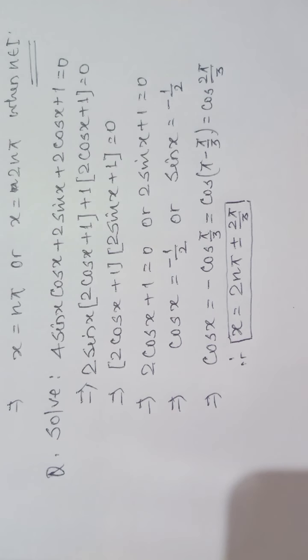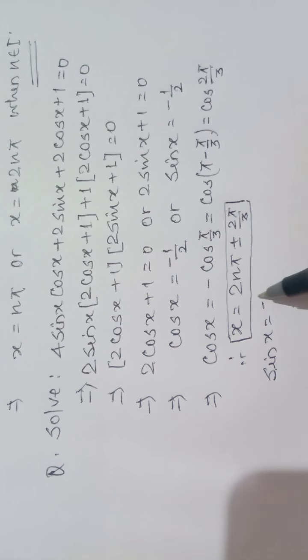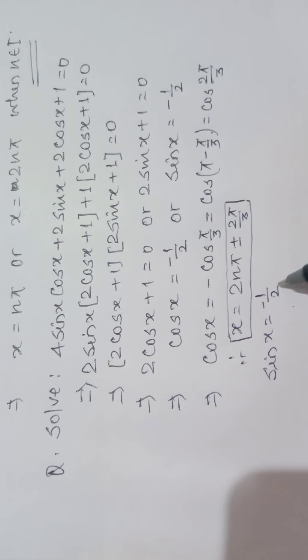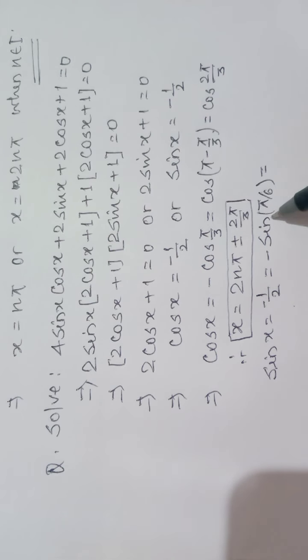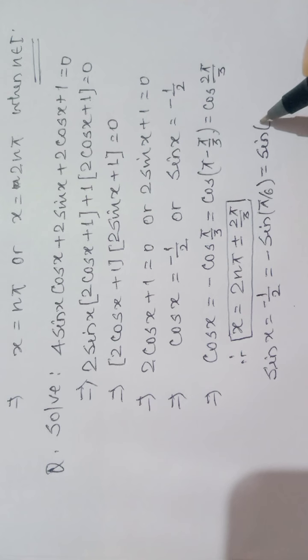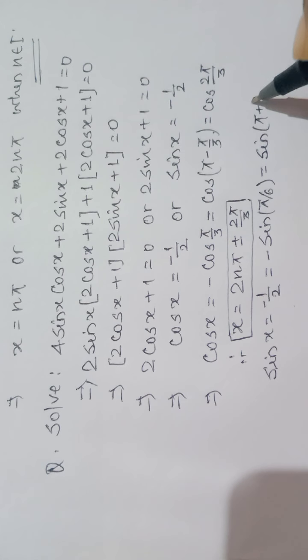Similarly, when sin x is equal to minus 1 by 2, then it should be written as minus sin pi by 6, and minus sin theta is sin pi plus theta, so it should be written as sin pi plus pi by 6.